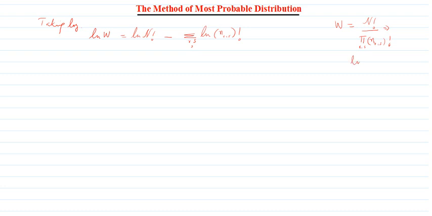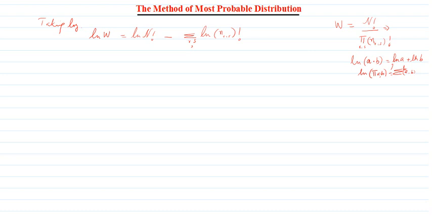The denominator is a product. And when you take the log of a product, for example log of A into B into C, it is nothing but the sum of the logs, that is log A plus log B. If I write the product of A and B, then the log of the product will be the sum over the log of those quantities A and B. So that is why when you take the log of the left-hand side W, you get log A minus log B, and the log of the product is written as the sum of the logs.